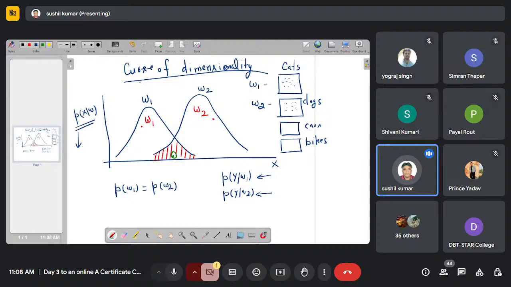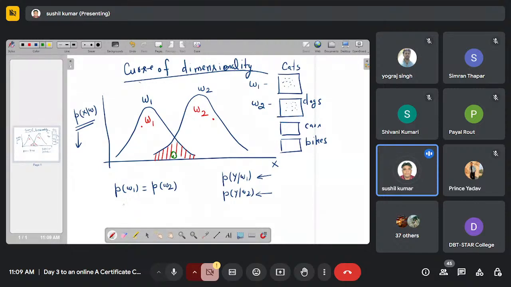So how will you predict whether it is from omega 1 or omega 2? And second thing, suppose this overlap area will increase. Somehow p omega 1 and p omega 2 are very near to each other, then this area will increase more. If it increases more, then it is very difficult to classify. So what you can do, you can think I will not take the probability.